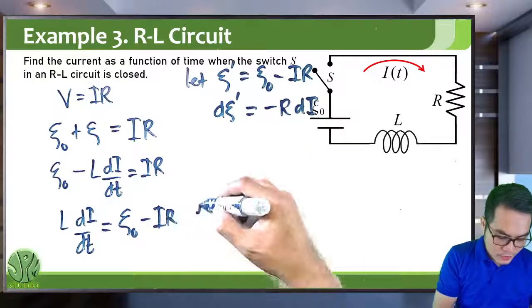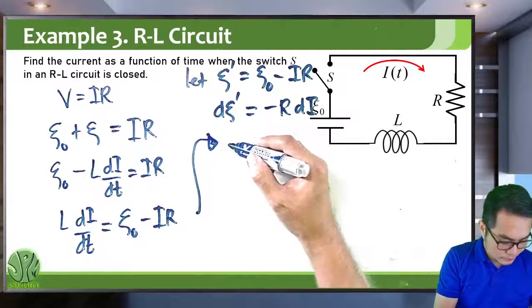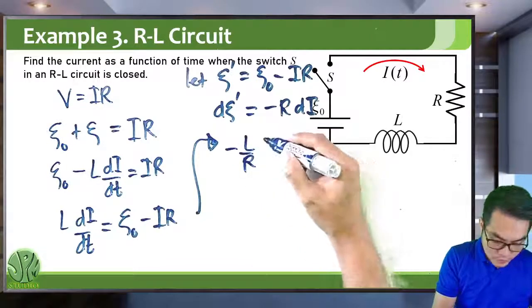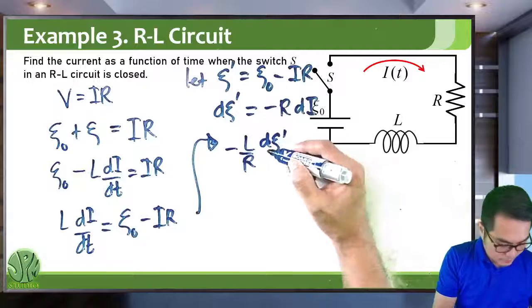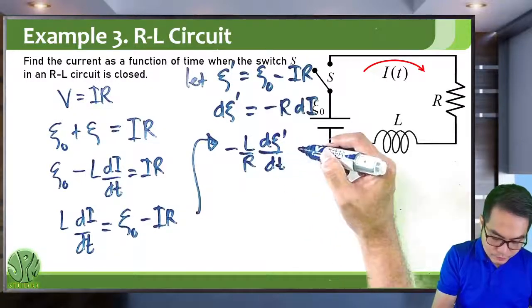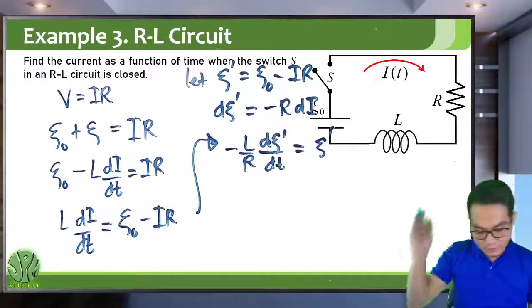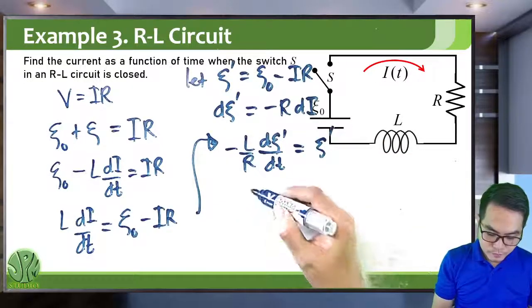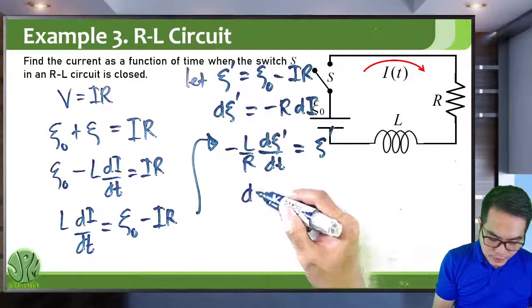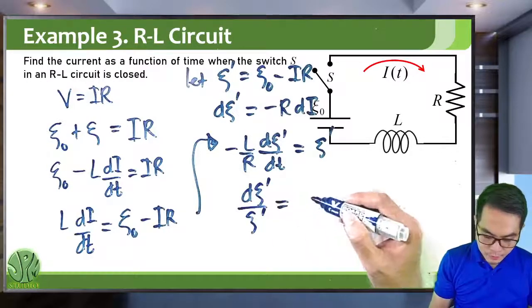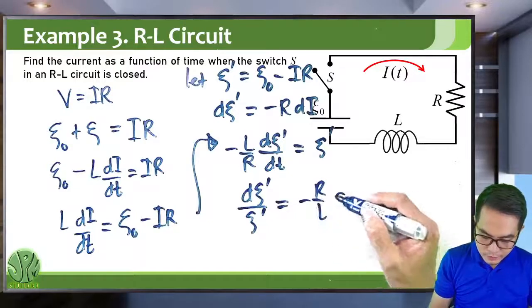So this equation will now become negative L over R dE prime/dt, and it's equal to E prime. So this is now a simple integral. dE prime over E prime is equal to negative R over L dt.